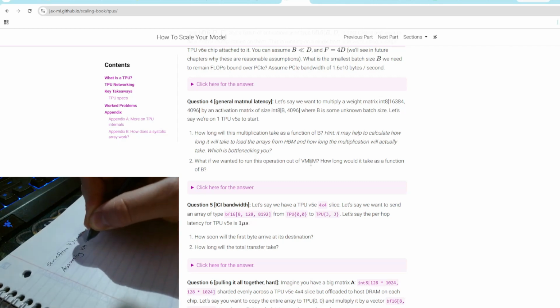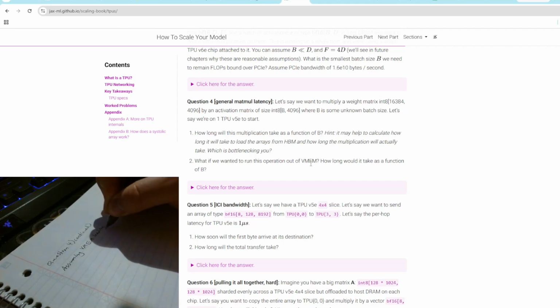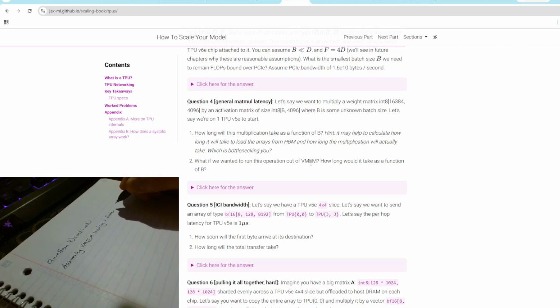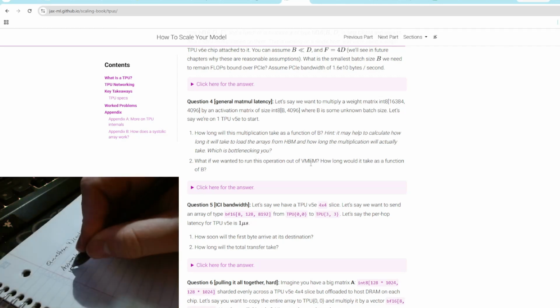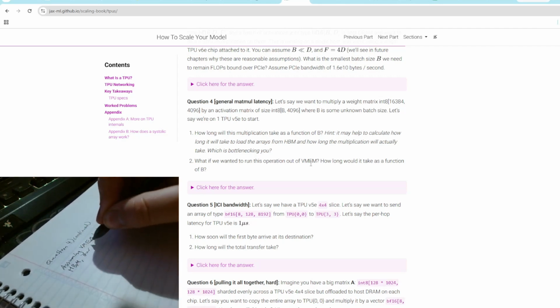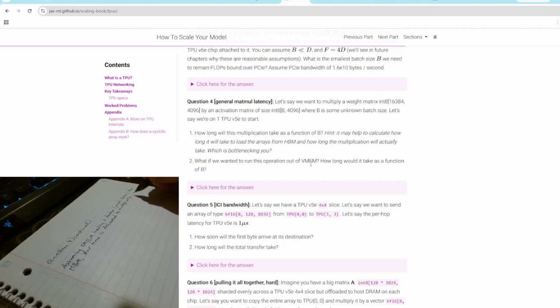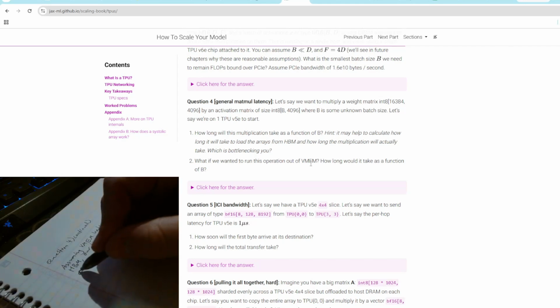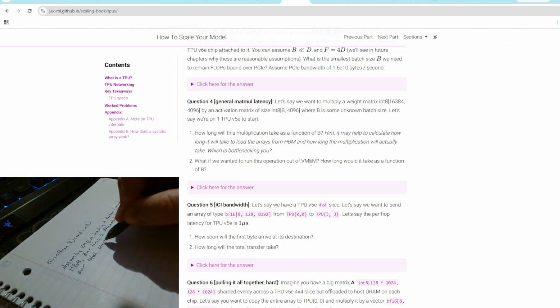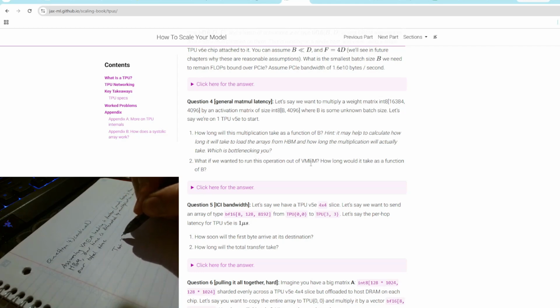So, assuming VMem loading is much faster than HBM, our time is dominated by multiplication, and thus our total time T total is approximately equal to T multiplication, I said flops.